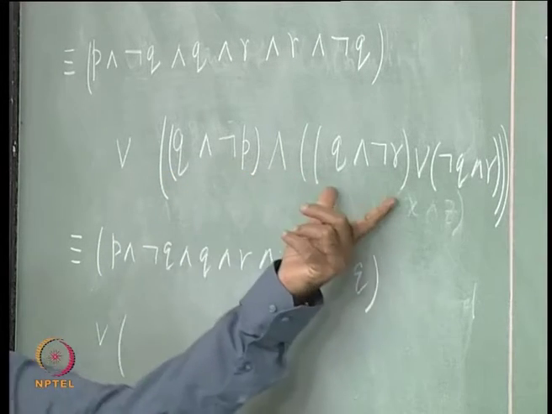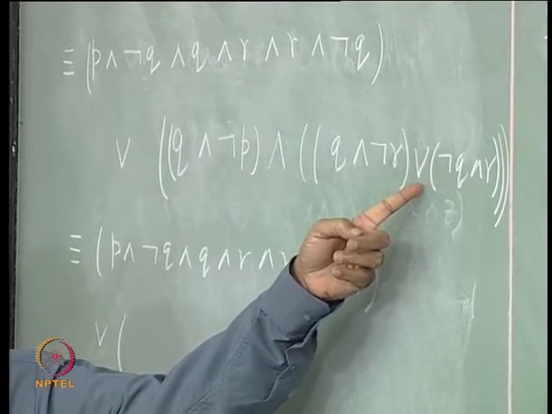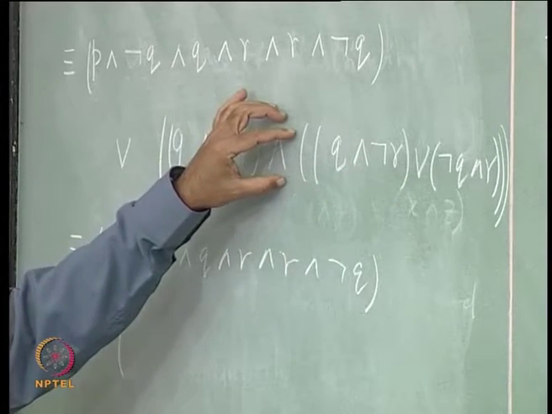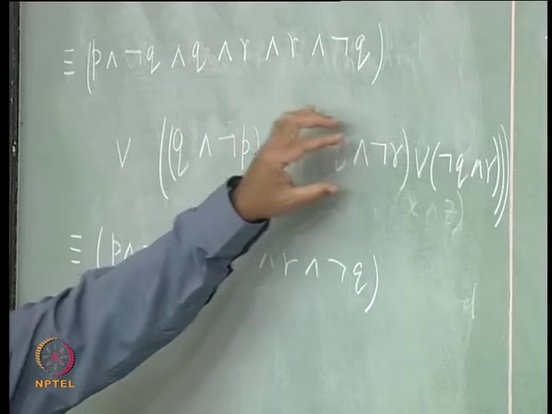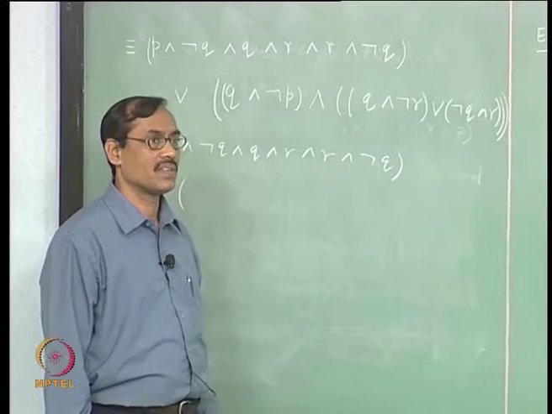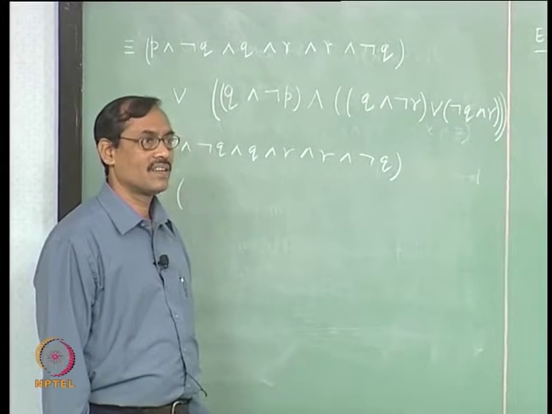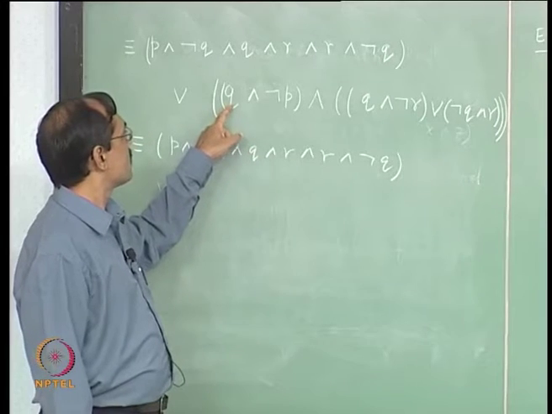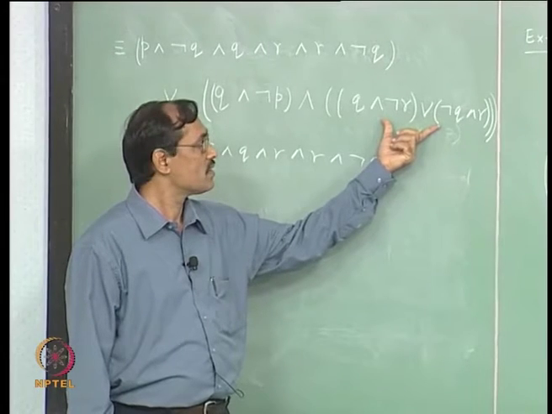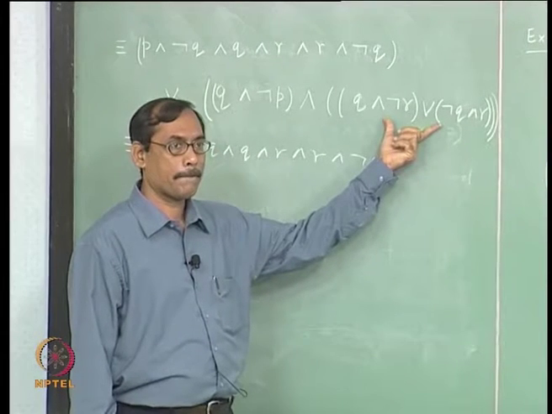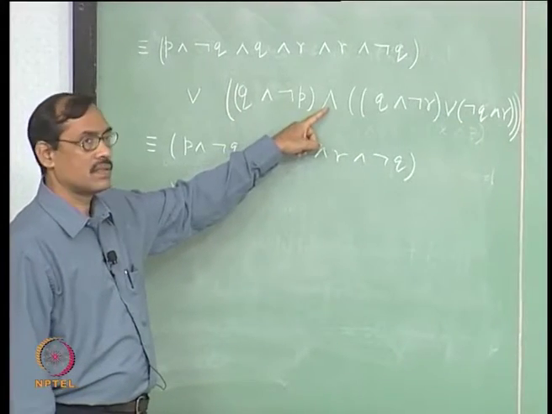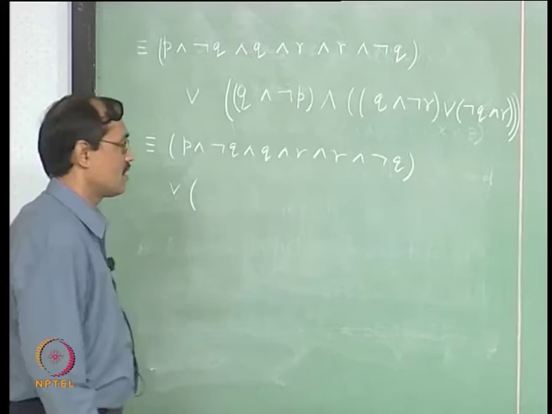This and only OR is here. Inside also you can distribute, but then suppose I take this and distribute this AND, it becomes this and this OR. So you need another distribution. Okay. Any other simplification can be done? Suppose you distribute this, can you distribute this? Which one? This? Yeah. Let us try that.